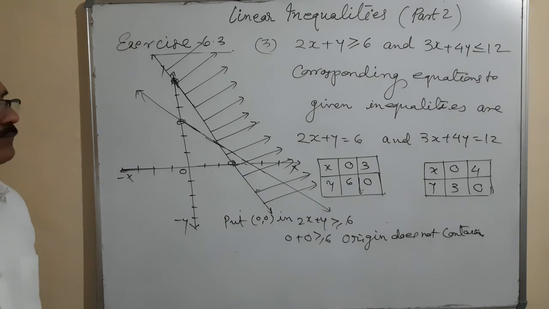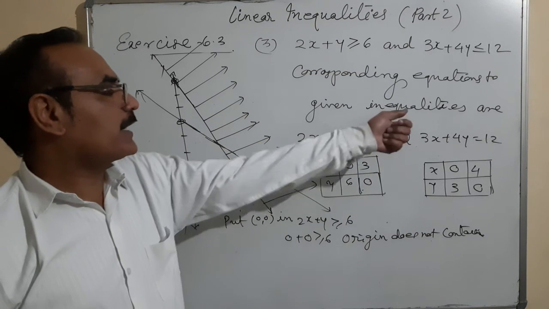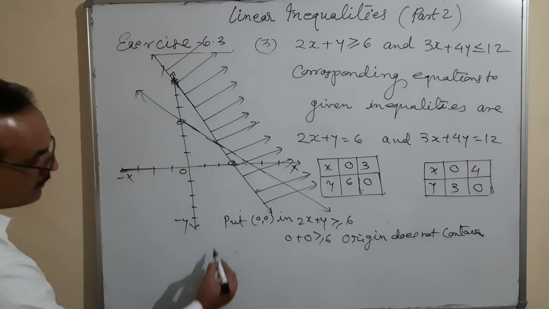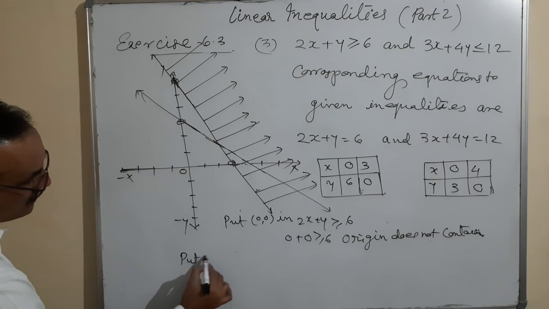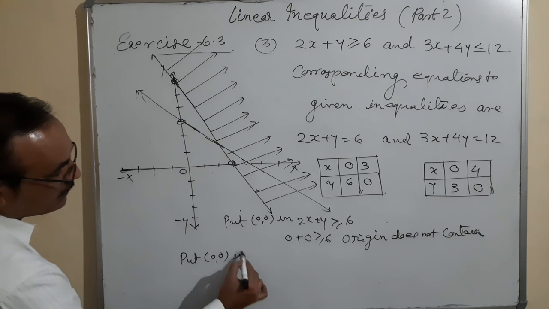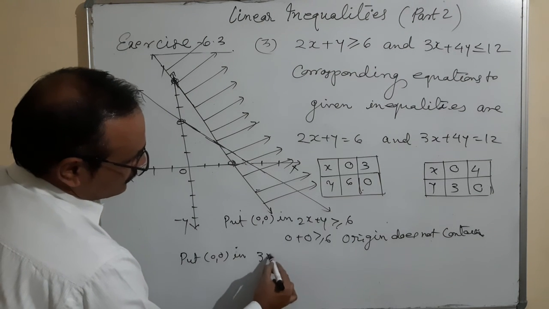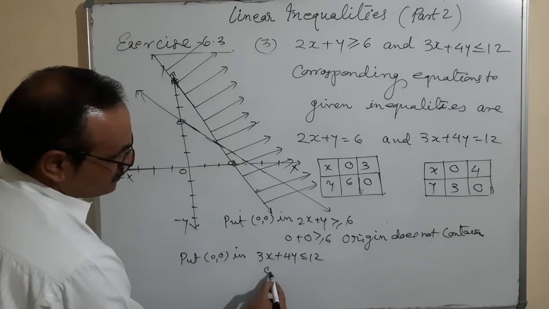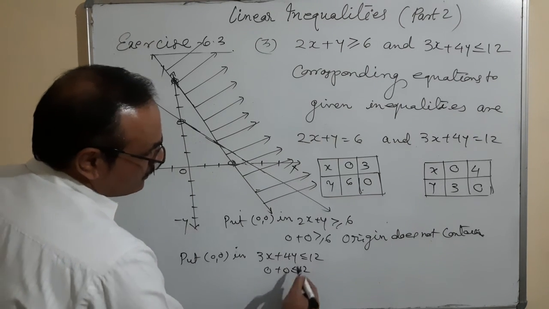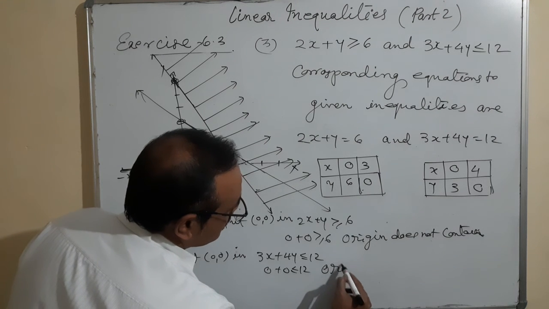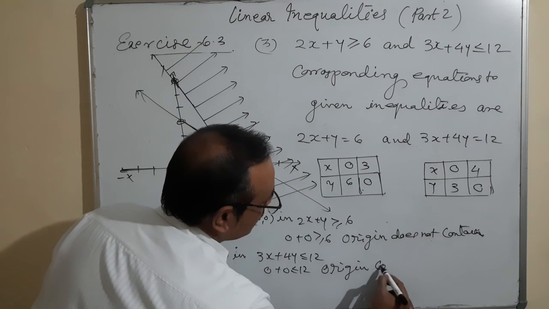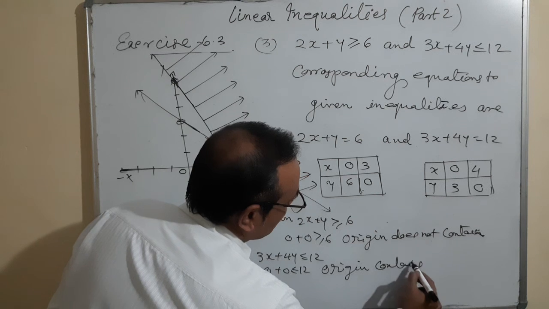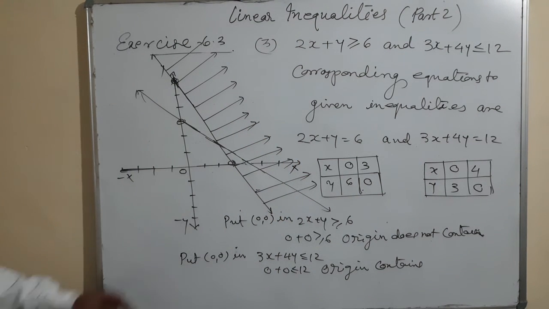Okay, that's one. Now check for the second. Put 0, 0 in 3x plus 4y is less or equal to 12. So 0 plus 0 is less or equal to 12. What does it mean? Origin contains. So the second line contains the origin.